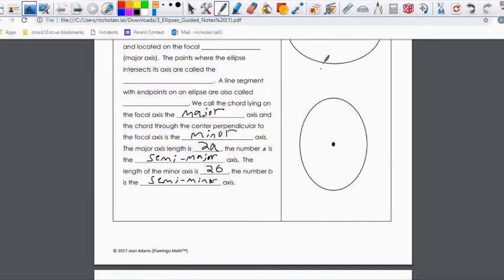So we had a horizontal ellipse first. Now let's label a vertical ellipse. So again, we have some vertices. That's a vertex. This is a vertex.